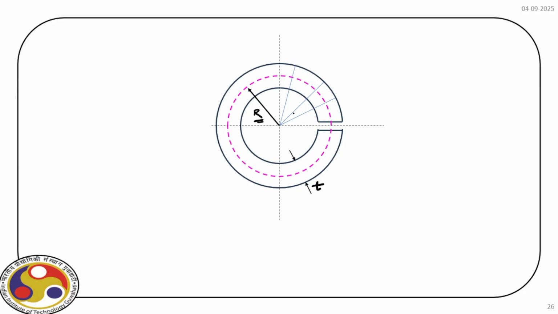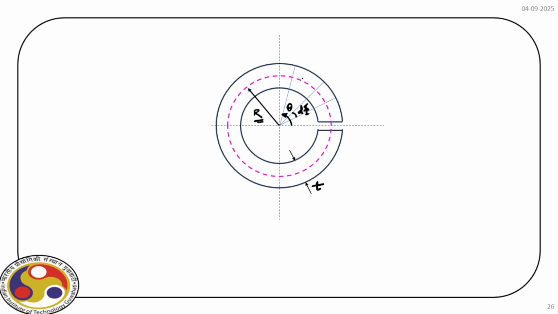So what we do, we first consider a small wedge and say this is d phi, and another section at an angle theta. So our task is to find out the amount of shear stress developed.